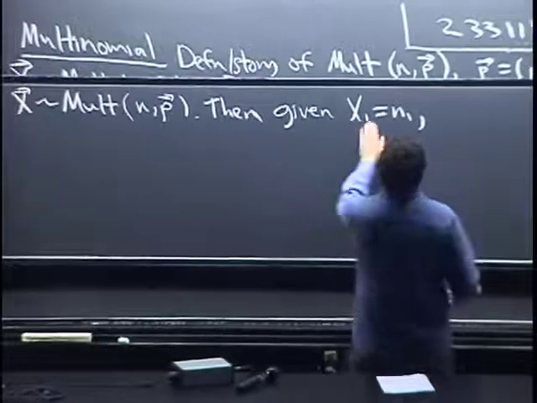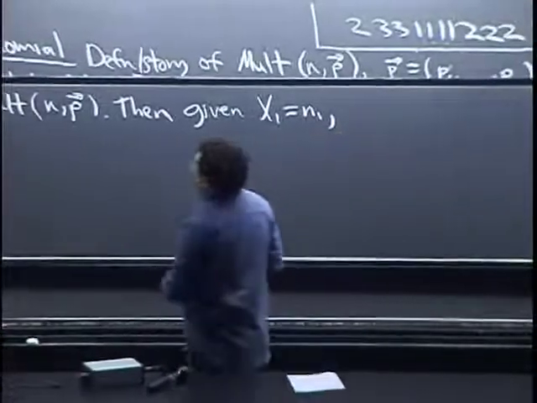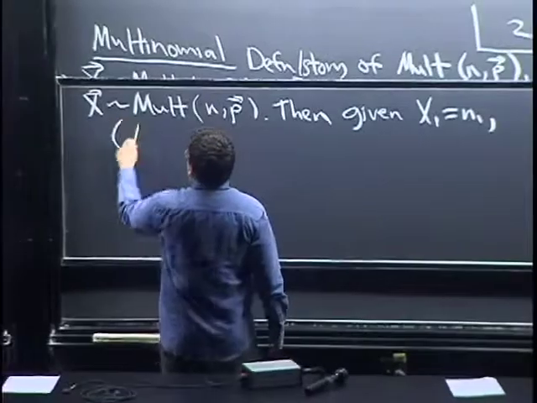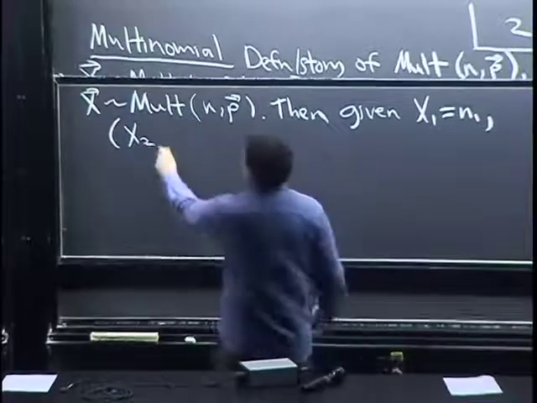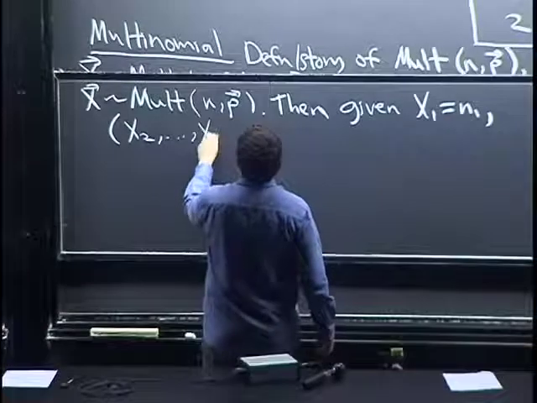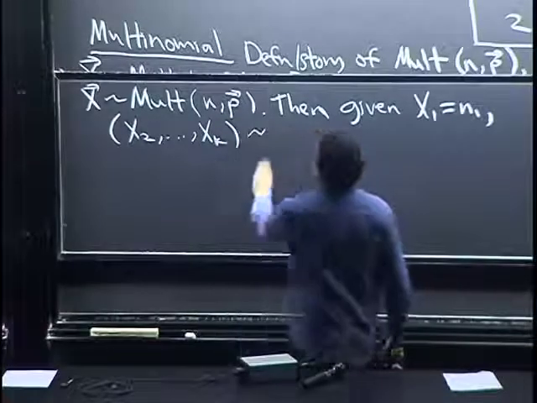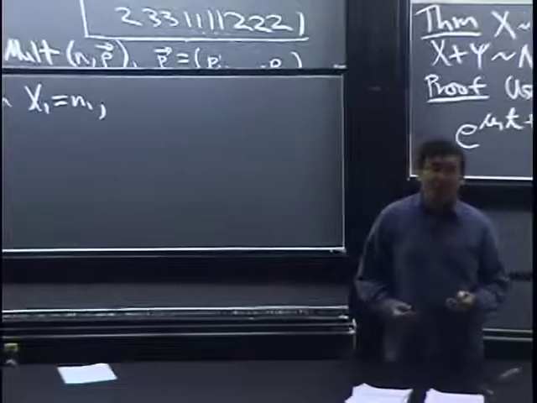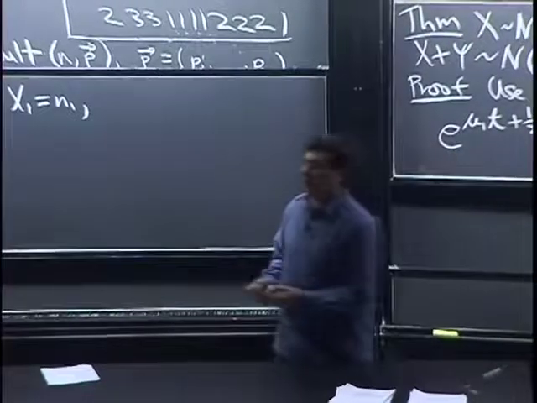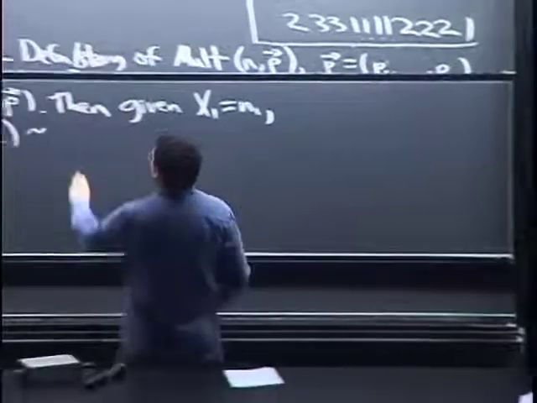Well, given that x1 equals n1, and we want the joint PMF of the rest, x2 through xk, it's still going to be multinomial, but we have to be a little bit careful with getting the parameters right.